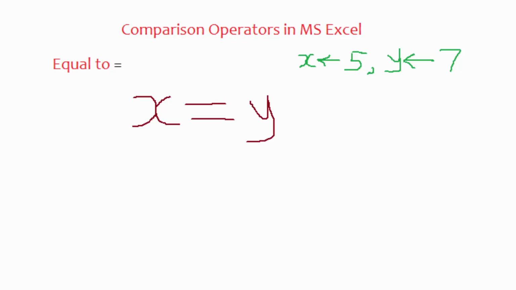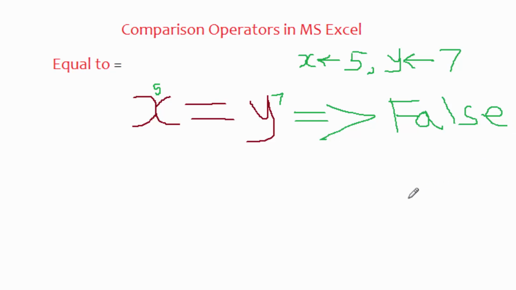In this case, where our x has 5 and our y has 7, this expression will give a false answer because number 5 is not equal to number 7.